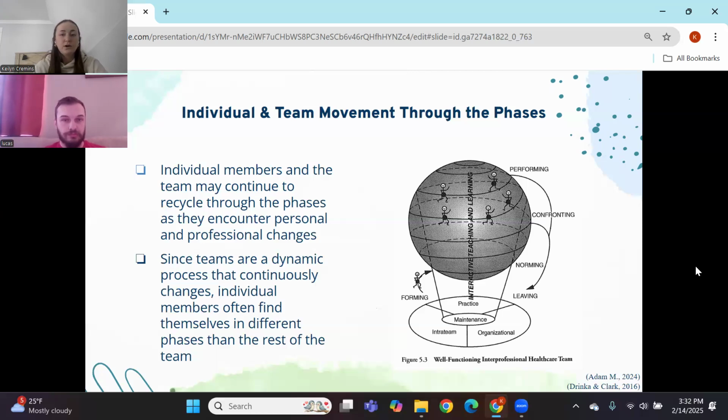And where a majority of the stick figures are depicted represents the phase in which the team is in. So within this picture, it's showing that this well-functioning team is within the performing phase. And it also is representing the depth of culture this team has due to their ability to work through their problems with respect and maturity.